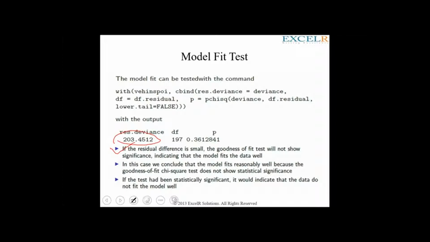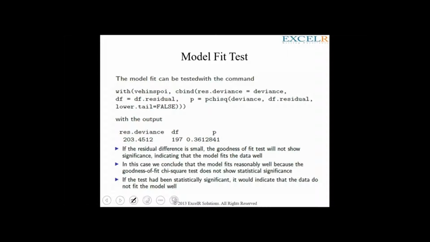And unlike your other scenarios where p-value should be less than 0.05 for the model to be significant, here p-value should be greater than 0.05. Low the residual deviance value, high will be a p-value that's greater than, and it is a good situation.